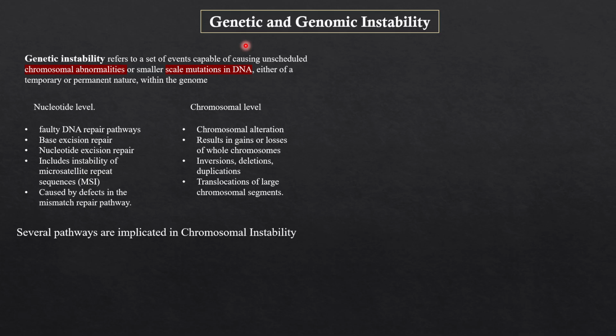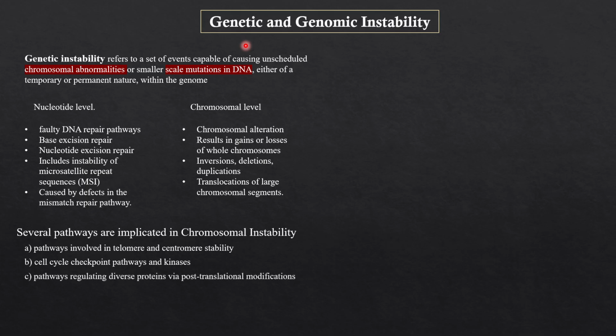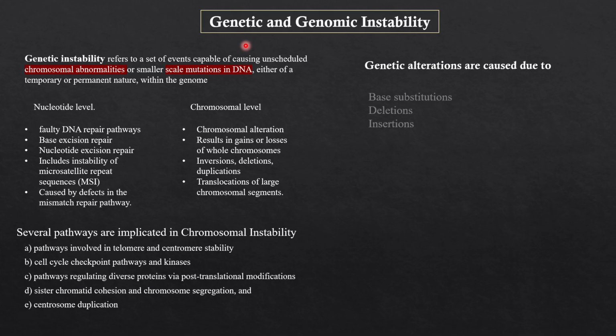Several pathways are implicated in chromosomal instability. The pathways involved in telomere and centromere stability, then the cell cycle checkpoint pathways and the kinases, pathways regulating diverse proteins via post-translational modifications, then the sister chromatid cohesion and chromosome segregation, and the centromere duplication.